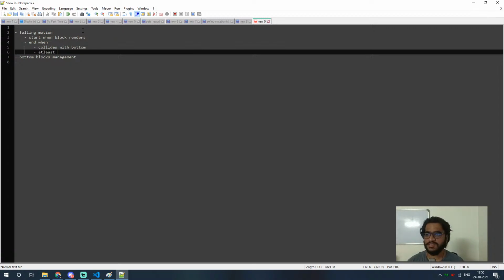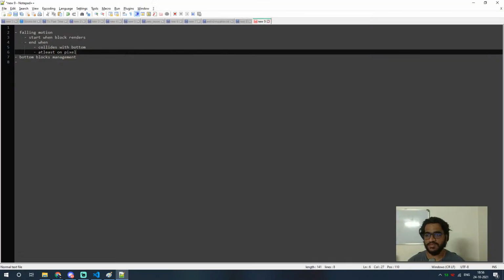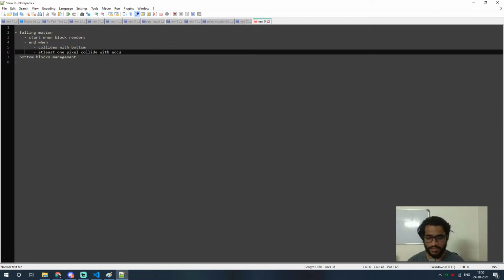at least one pixel, being any of these small blocks of that block, at least one pixel collides with accumulated.